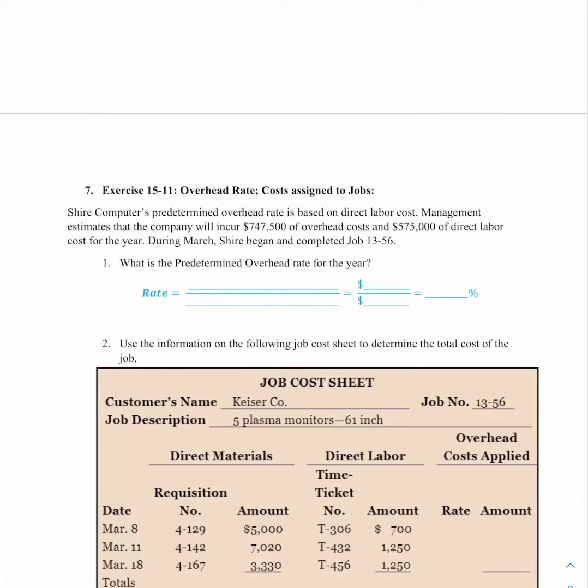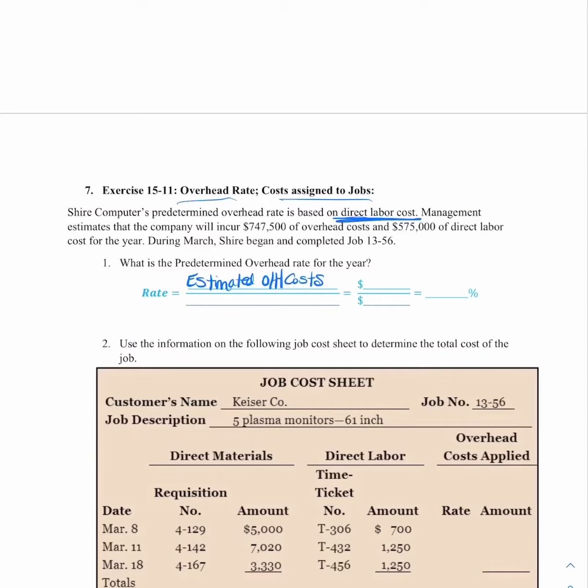So here in number 7, we're calculating an overhead rate and cost that is assigned to jobs. To calculate my overhead rate, the way I'm going to do this is to take my estimated overhead costs divided by, in this case, direct labor cost.